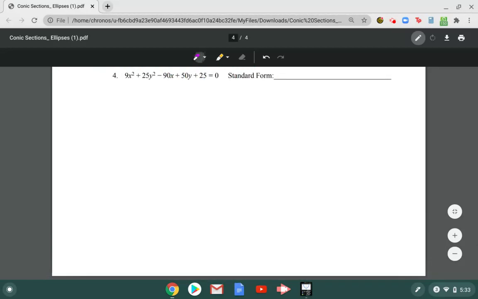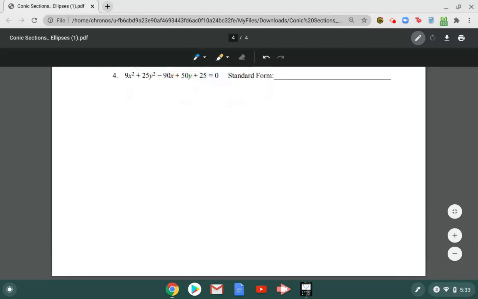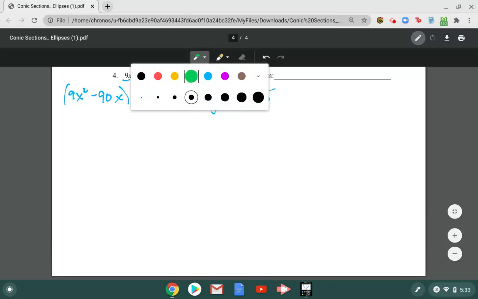So one left. We're going to collect our x's, collect our y's, get the number on the other side to start. So here are our x's. So 9x squared minus 90x. Put parentheses around those. And then my y's plus 25y squared plus 50y, parentheses around those, equals negative 25. I'm going to factor out those lead coefficients.